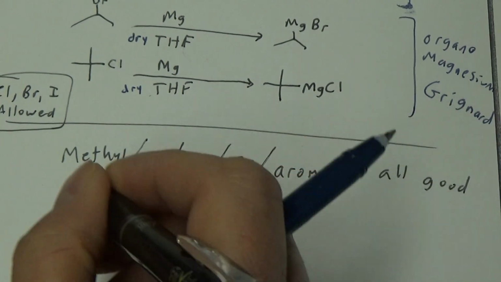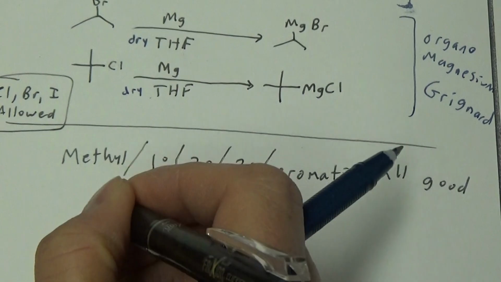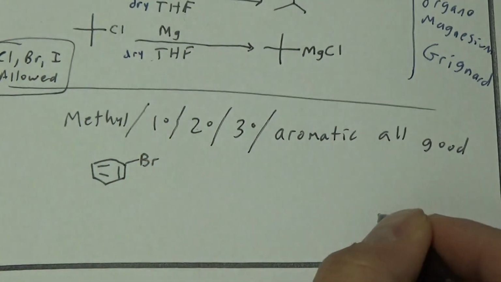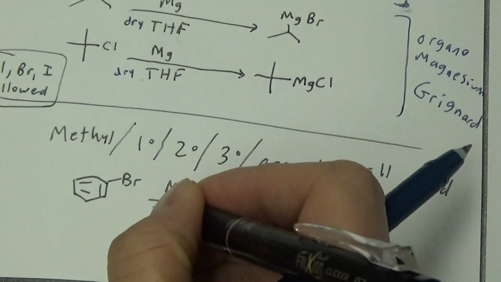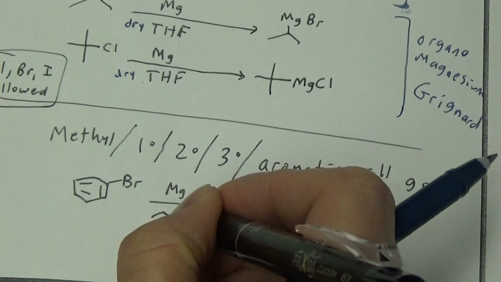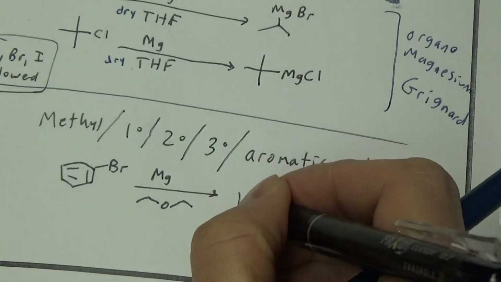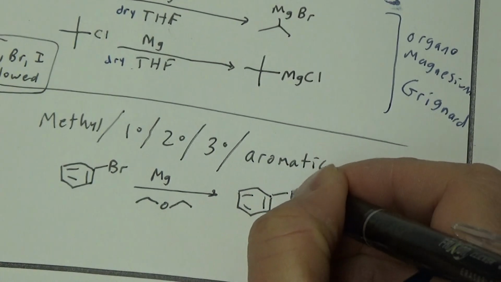Okay, and so if I have an aromatic, like a bromobenzene, totally works. If I do magnesium, and this time we'll switch to diethyl ether, totally works. Magnesium sneaks in there, and you get the Grignard, MgBr.